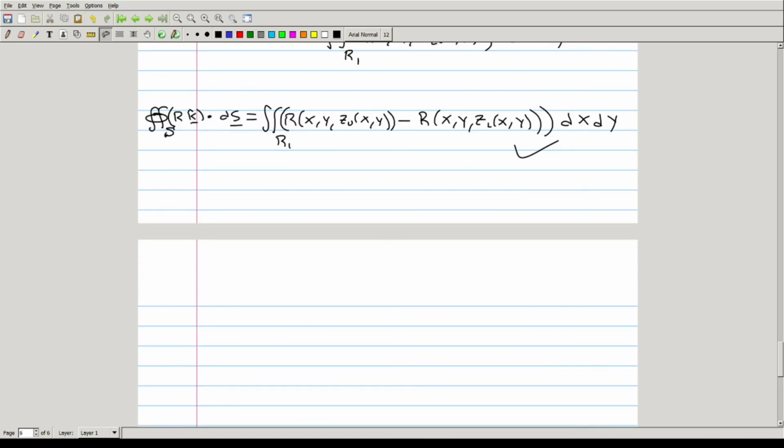So this is really incredible, because what we've shown is that this surface integral of R k hat over the entire surface S is the same thing as the integral over region 1 of R on z upper minus R on z lower, which we showed from before is the same thing as the triple integral over the volume V of the partial derivative of R with respect to z.